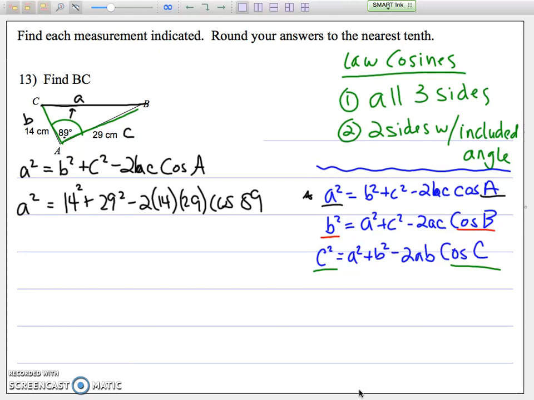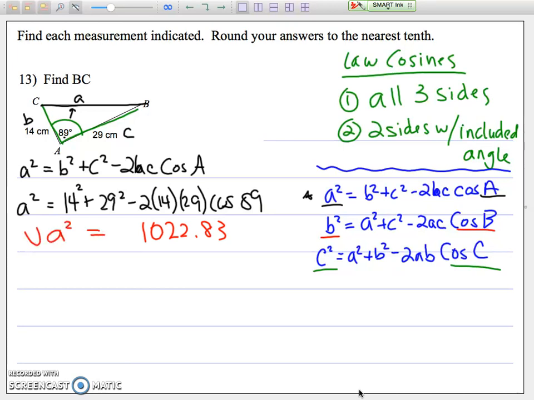When you do that, you should end up with 14 squared plus 29 squared minus 2 times 14 times 29 times the cosine of 89 equals 1022.83, something like that. And that's equal to a squared.